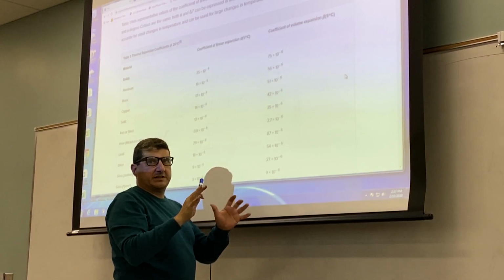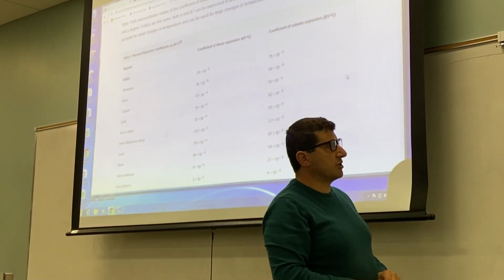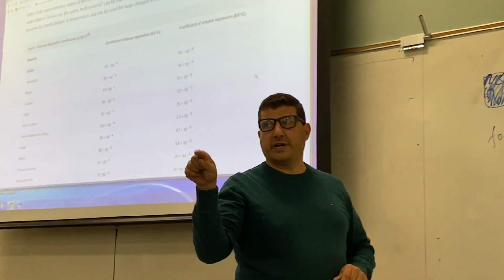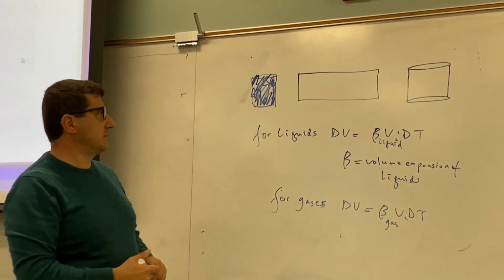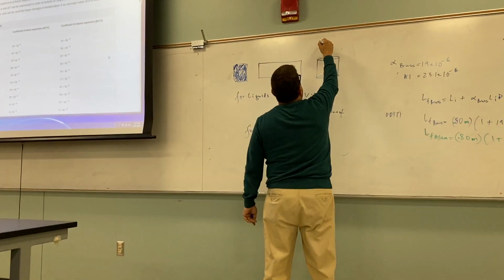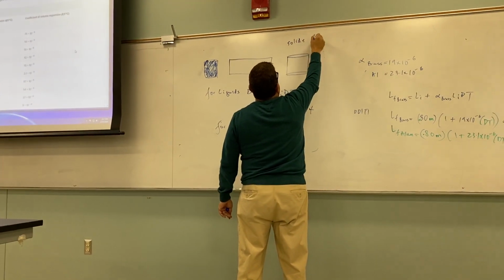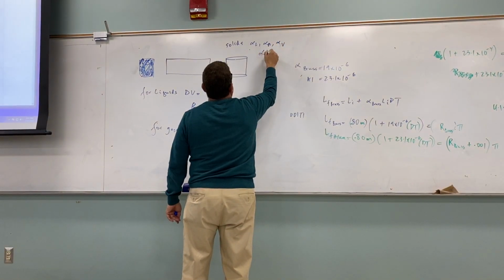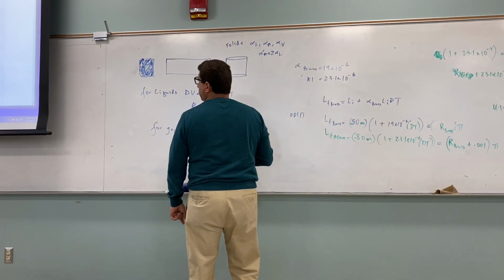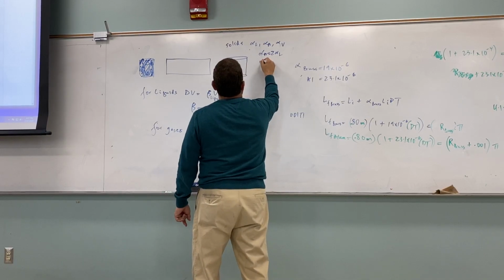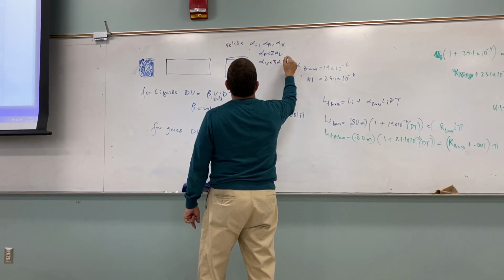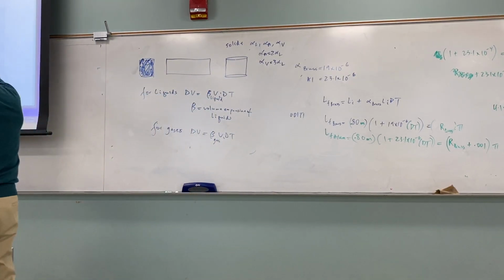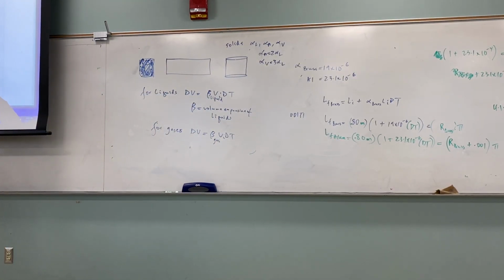So there's a little bit of confusion in the way to say it. Probably, if it's a solid, they should call it alpha V. For solids, they should probably do alpha L, alpha A, alpha V. Alpha A is just twice alpha L. That's the best way I would do it. And then alpha V is 3 alpha L, as we showed, right?